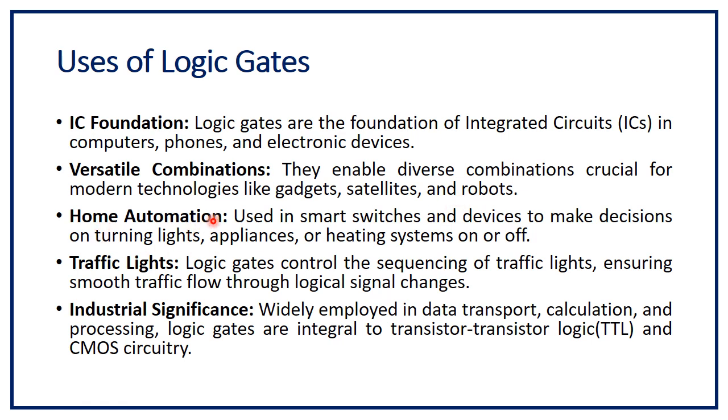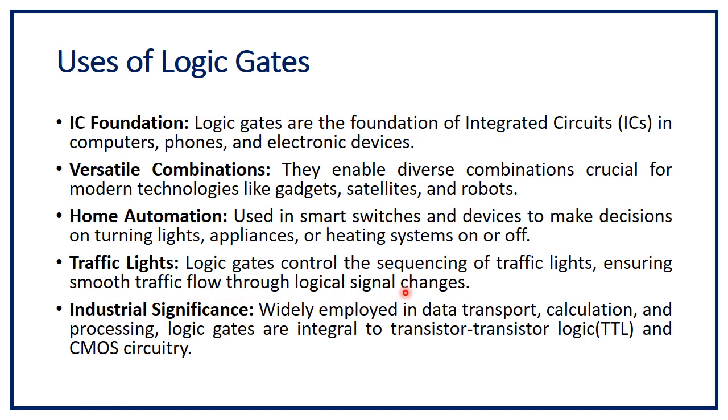Home automation. Logic gates are also used in smart switches, devices that make decisions on turning lights, appliances or heating systems on or off. So we can say various smart switches use logic gates. Traffic lights. Logic gates control the sequencing of traffic lights, ensuring smooth traffic flow through logical signal changes.